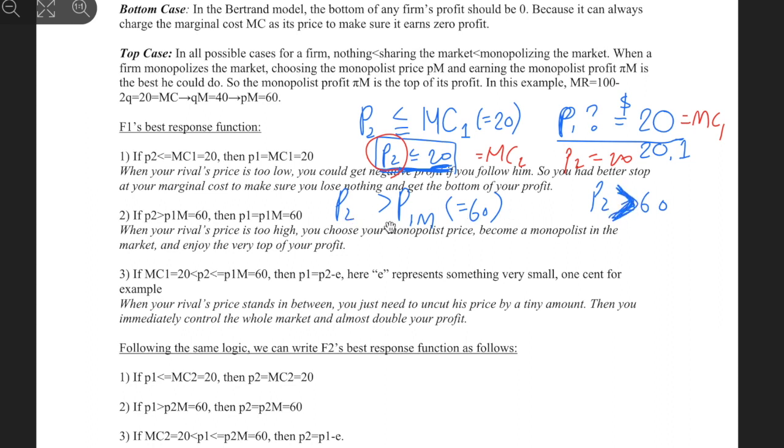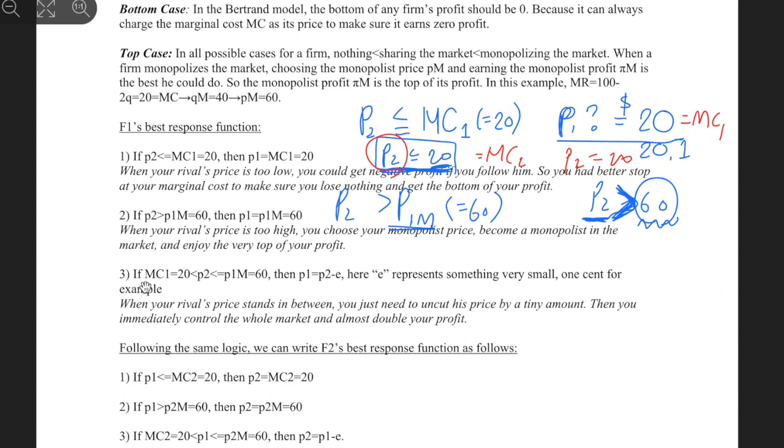So if P1 monopolizes the market, he would charge what? $60, right? He doesn't want more than that. So if P2 is charging more than $60, he can charge $60 to get the max profit of $16,000, right? So when P2 is greater than 60, the best solution for P1 will be 60, right?